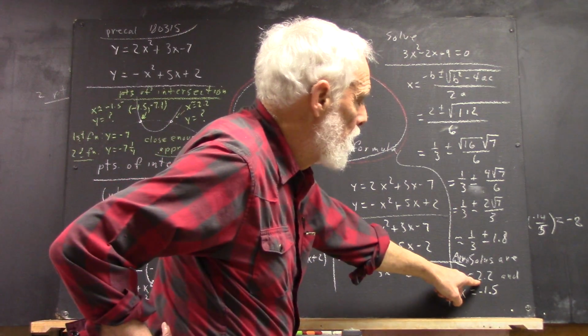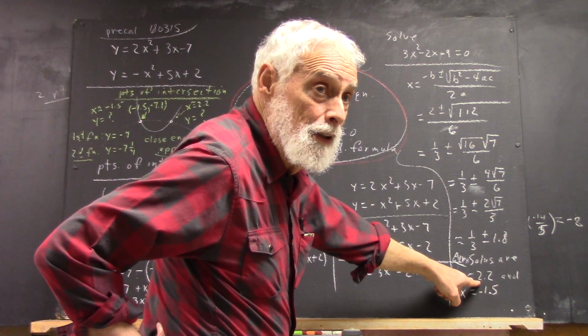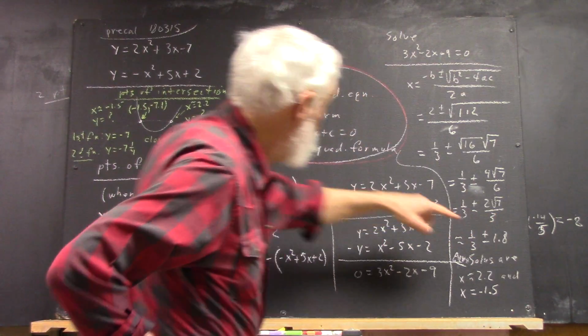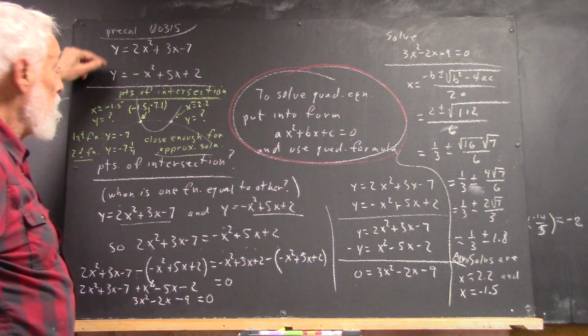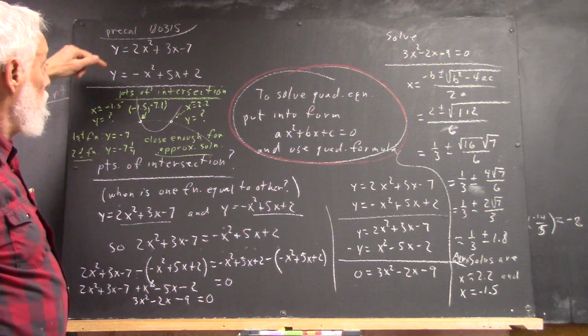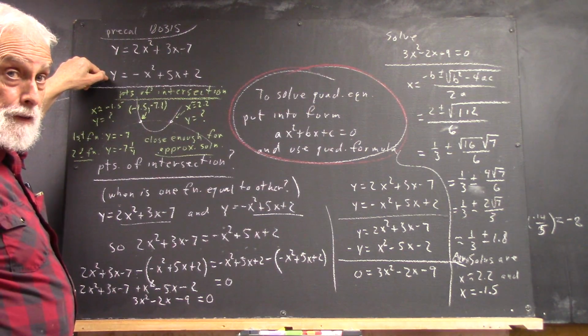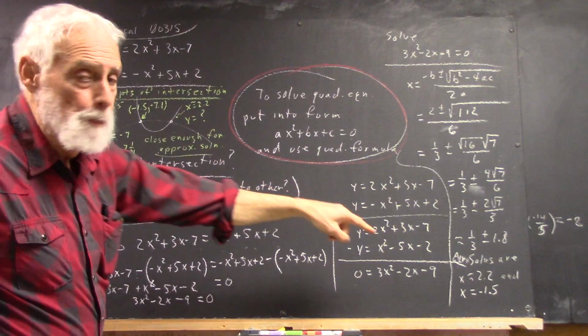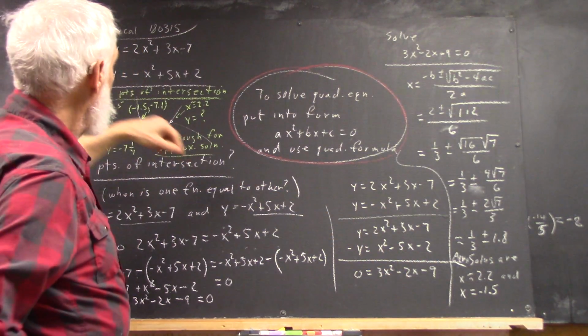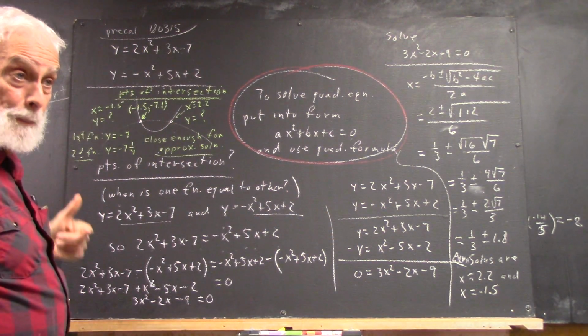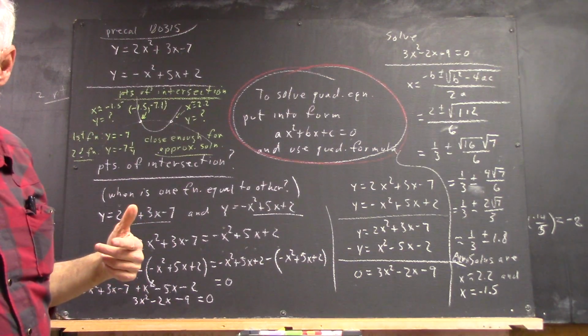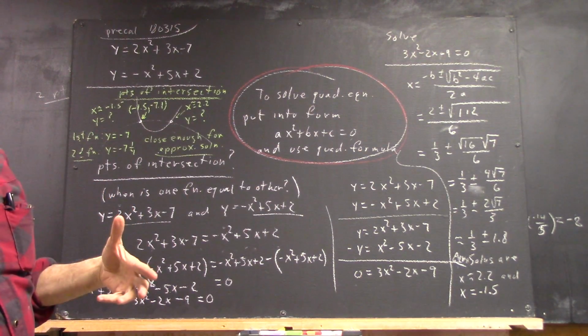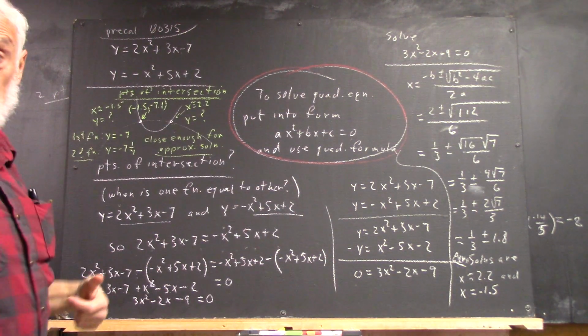So just plug the approximation in. If I plug the exact value in, I expect to get exactly the same y if I put it in here as if I put it in here. Okay, they're equal. But if I use an approximation, I'm not going to get exactly the same value of y. Okay? Now, if I use a good approximation, my y values will be pretty close.